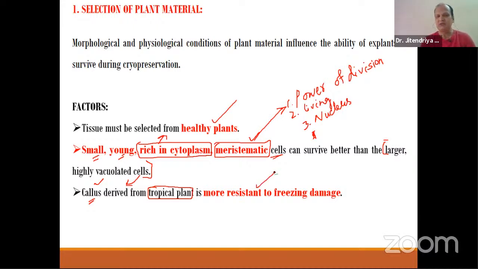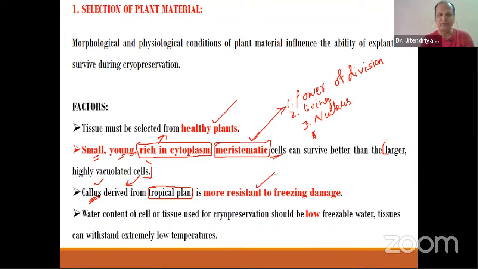Because they are more resistant to freezing damage. Because you are incorporating at minus 196 degrees Celsius, they have the capability to resist that. Otherwise, it would not be stored. And the important thing is that the cells do not possess much water, so that they can go for the preservation technique.